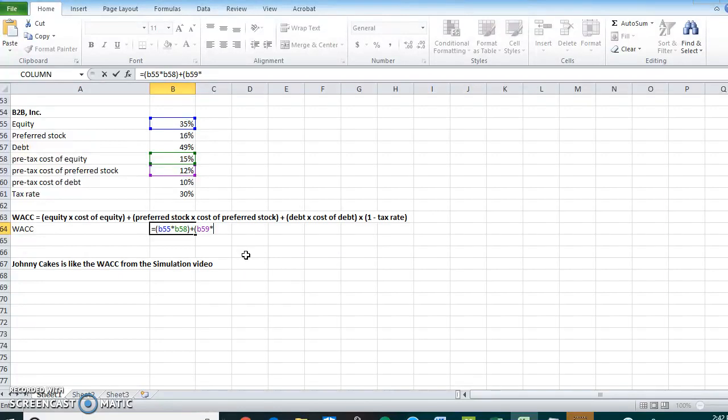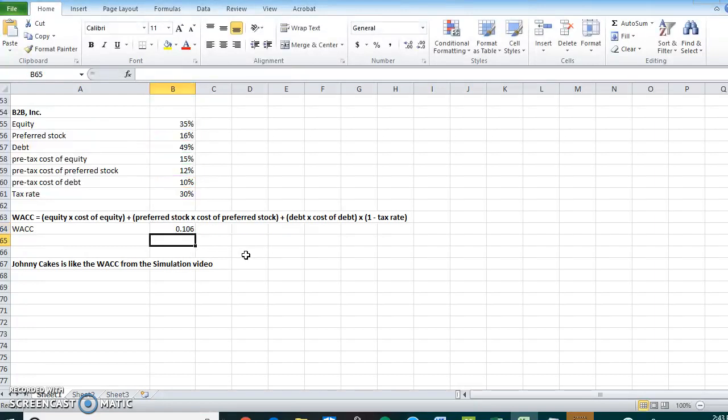Oh, preferred stock is 56, but something times something else is the same way, backwards or forwards, plus debt times cost of debt, B57 times cost of debt is B60 times 1 minus the tax rate, which is B61.